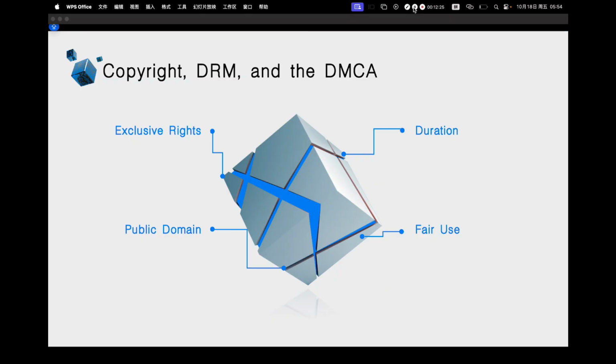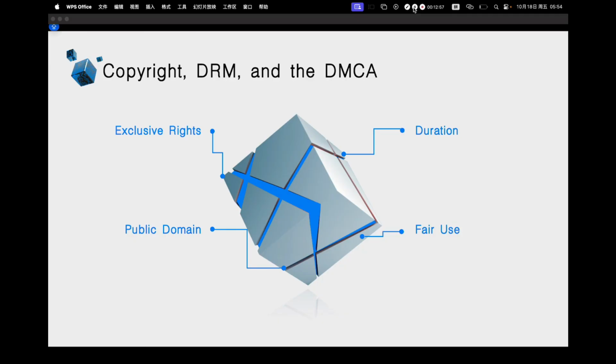It could be the right to sell or otherwise distribute copies of the work, and the right to create books about the work or put it in a movie. And then the second one is digital transmission: for sound recordings, the right to perform the work through digital audio transmissions, like streaming music. Well, this is not related to code, but it's still part of the knowledge we need to know about.